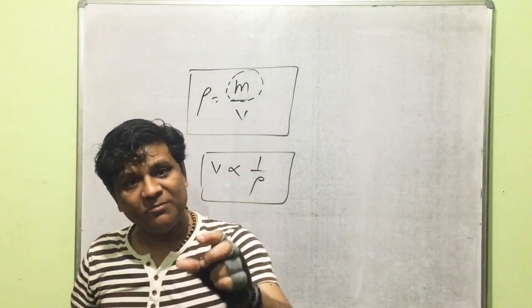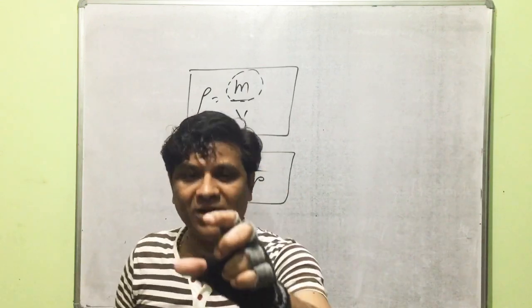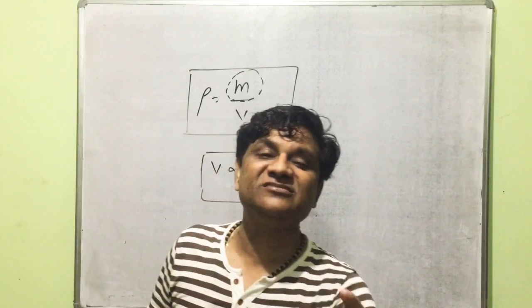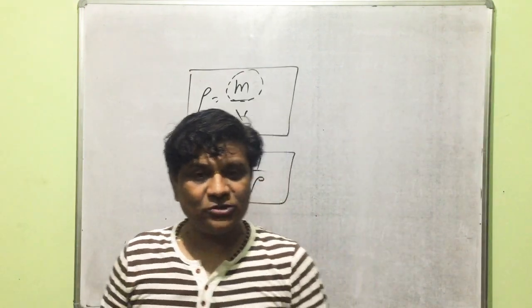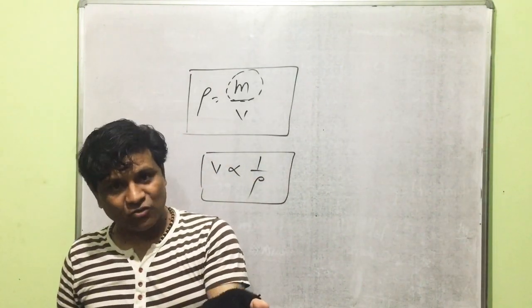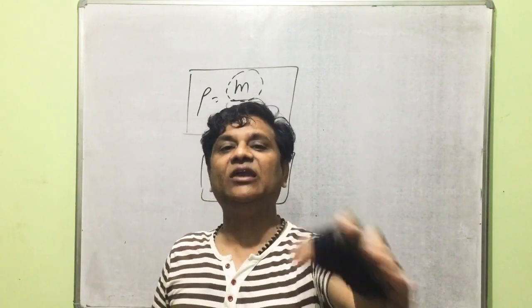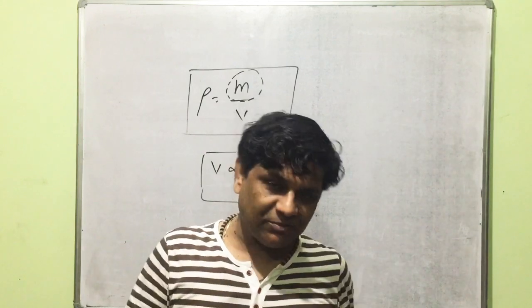So expansion will be more for alcohol than mercury. Greater the expansion, better the accuracy. So due to greater expansion of alcohol, accuracy will be more for the alcohol thermometer than the mercury thermometer.